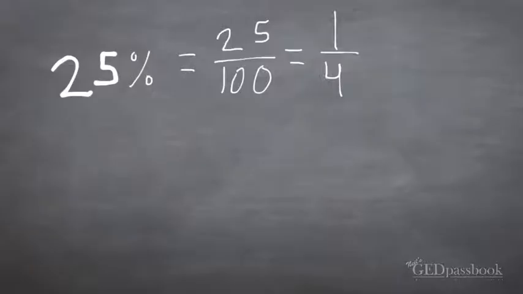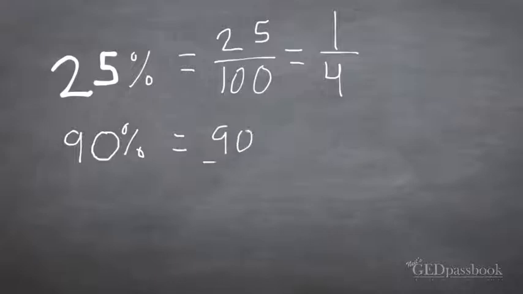Any percent they give you. If they give you 90%, all it is, is 90 over 100. What's that simplified?